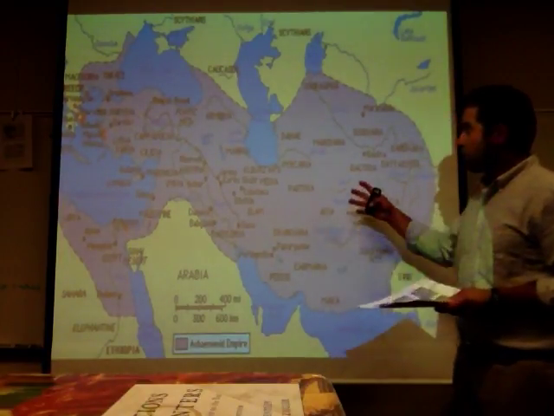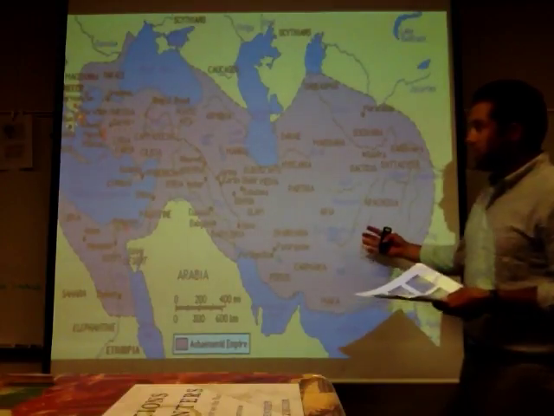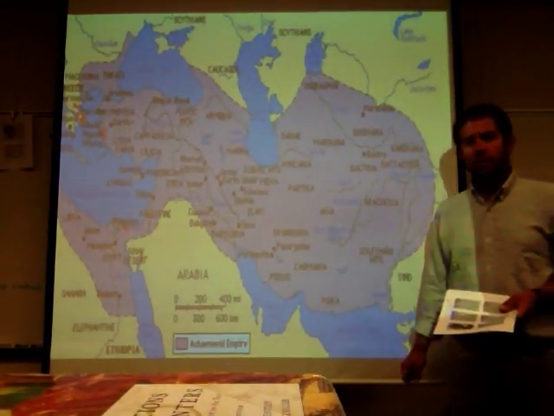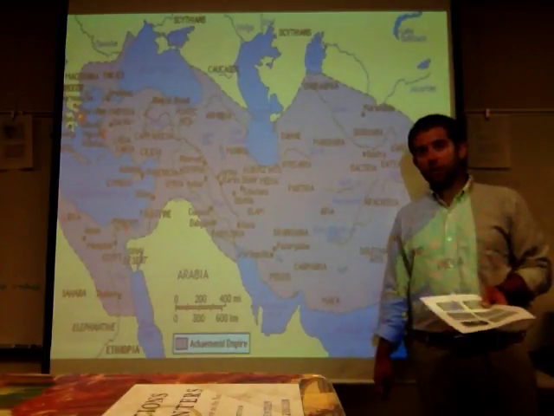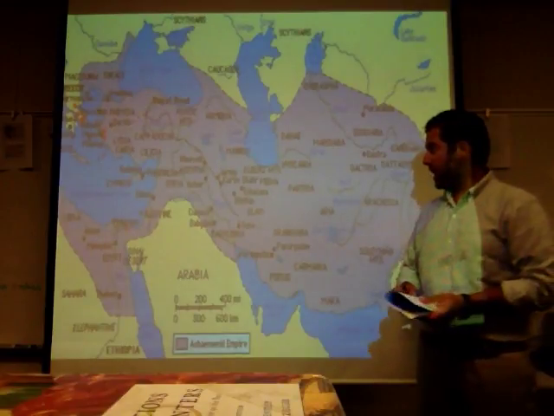What you see in purple on this map of the region is the Achaemenid Empire, the first of the 4 Persian empires that we are introduced to in this chapter.